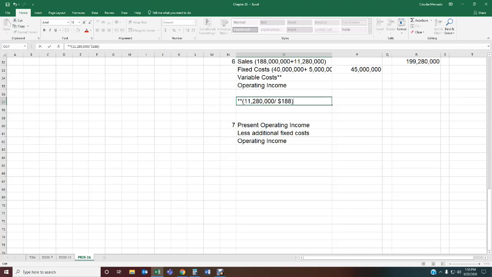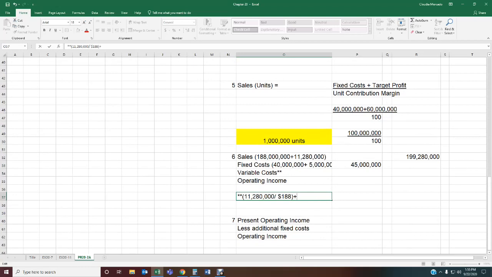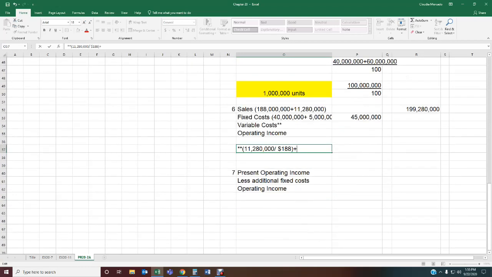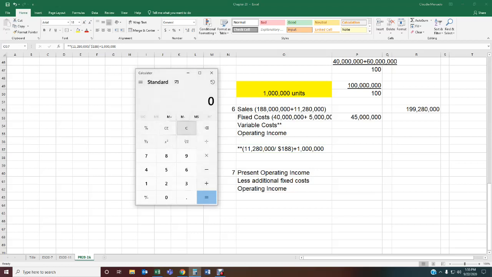And then I'm going to add my sales unit, which was 1,000,000. And let's see what that gives us. 11,280,000 divided by 188.